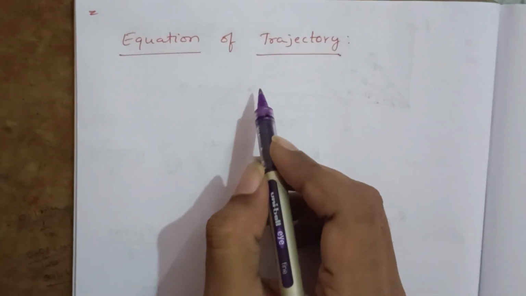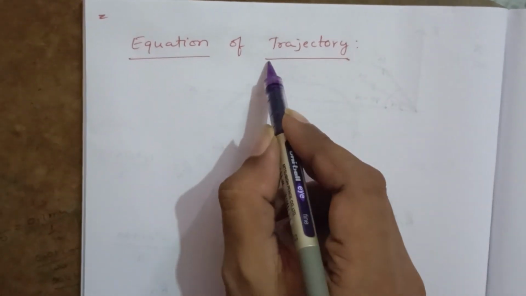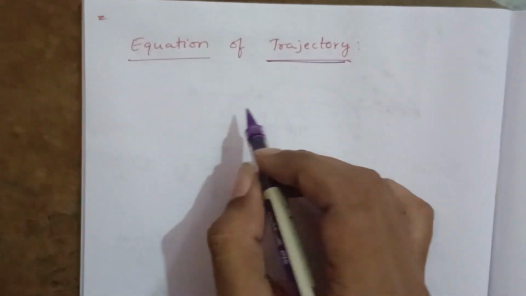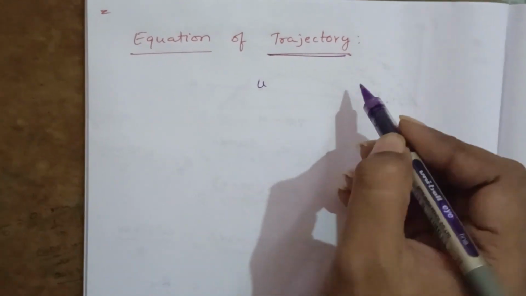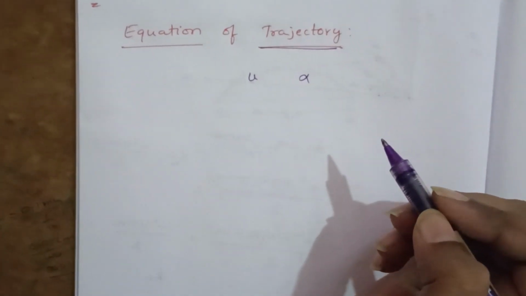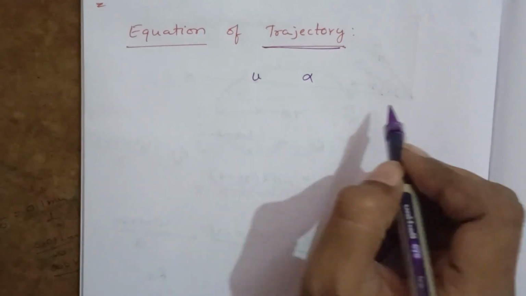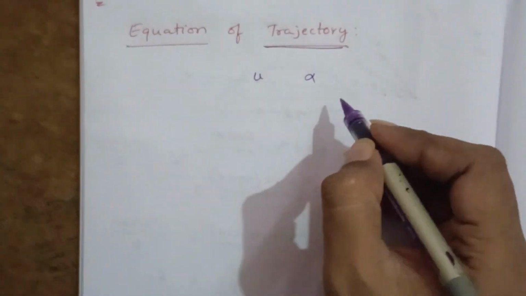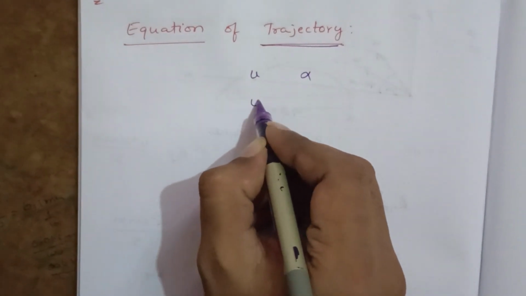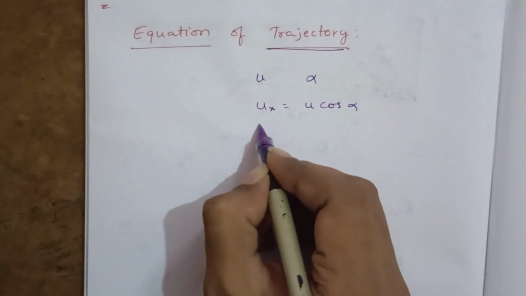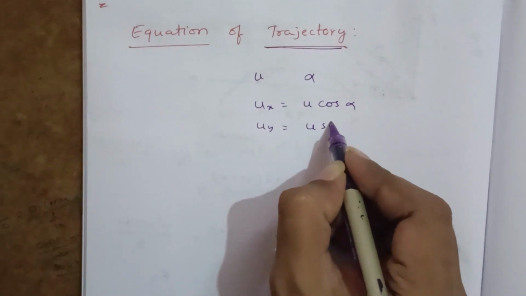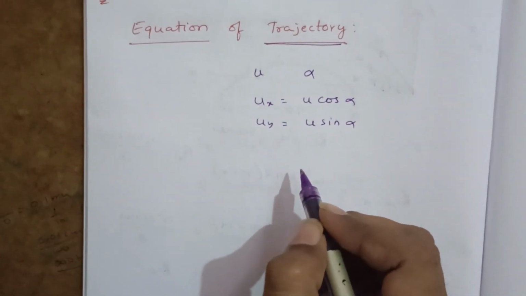Now equation of trajectory. A projectile is thrown with a velocity u making an angle alpha with the horizontal x-axis. This u can be resolved into two components, ux equal to u cos alpha and uy equal to u sin alpha.